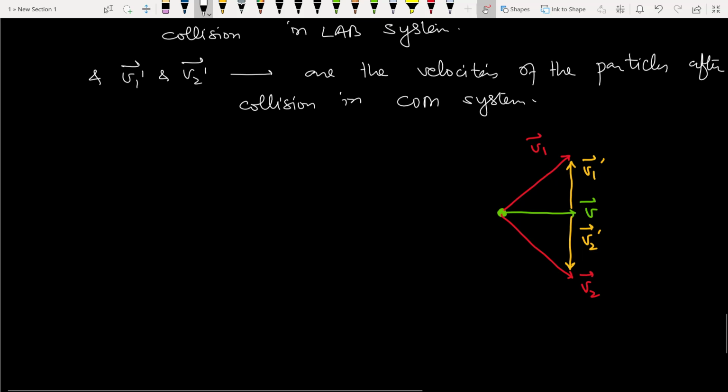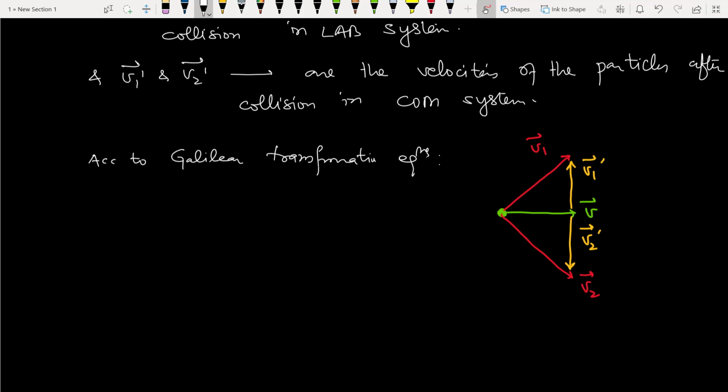So according to Galilean transformation equations, v1 dash is equal to v1 minus v, v2 dash is equal to v2 minus v. So we mark this as equation number 4.